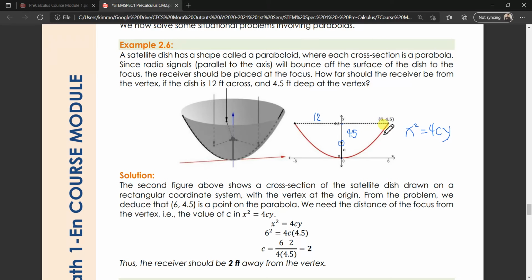Okay, so since our parabola again is opening upward and it is located at the origin or 0, 0 nga coordinate, then we can simply use this formula. Next is we should locate a point on our parabola. So dapat maka-identify ta sa point sa atong parabola in order to solve this c. So kani si x ug si y, this is the point sa ato ang parabola.